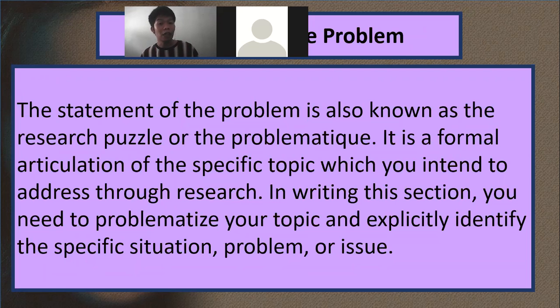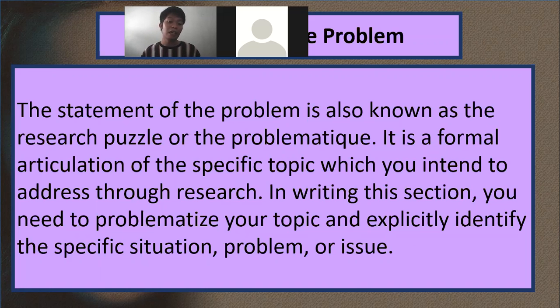So basically, you need to provide your research gap. What's the problem that you want to address? What's the issue? What's the specific situation that you want to deal with? Why do you want to conduct a research in the first place? You need to express that in your statement of the problem.